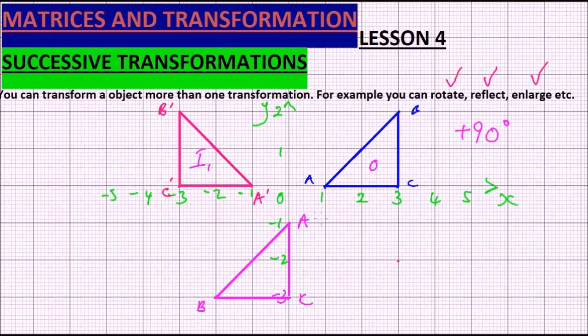We label this A double prime, B double prime, and C double prime. So this is our image 2.